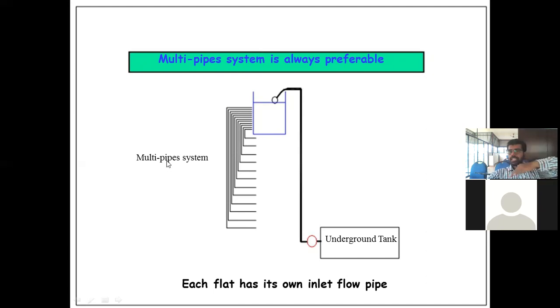Because in individual flats, each family will have their own water requirement. Not only that, in the last project I did, initially I gave a system called a loop system, but the problem with that loop system was that I was not able to do the pipe routing so as to give a flow meter individually to the different floors, because I think it was a 10-story or 8-story building.